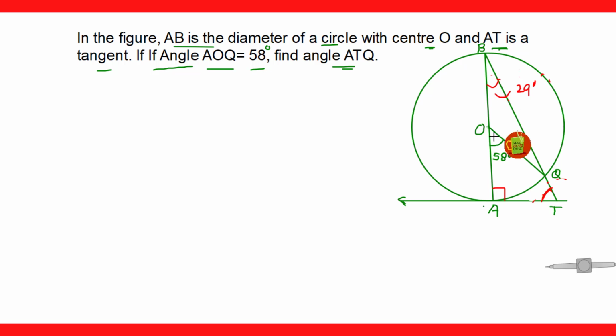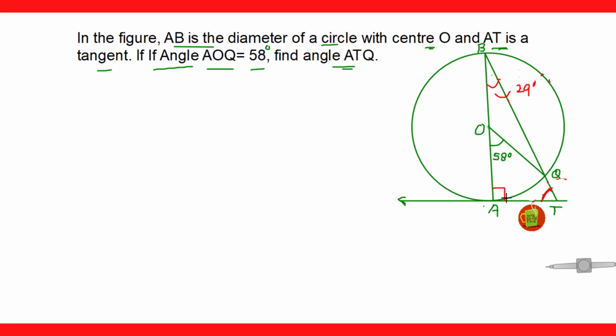Now in this triangle ATB, angle A plus angle B plus angle T, the sum of the three angles is 180 degrees. In that triangle this angle is 90 degrees because the radius is perpendicular to the tangent at the point of contact.